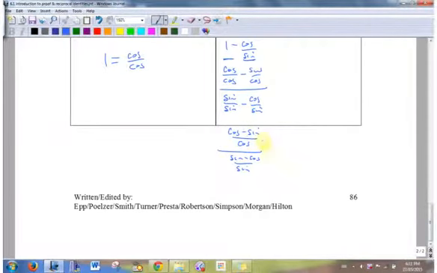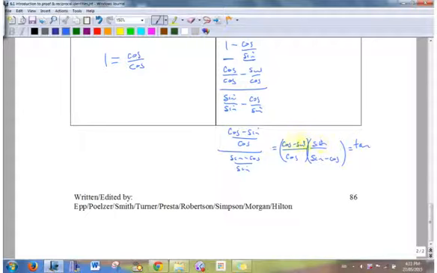So, what is this thing? Well, I got a fraction divided by a fraction, so I don't want to divide it, I want to flip this and multiply it. And I know sine over cosine, that's tangent.